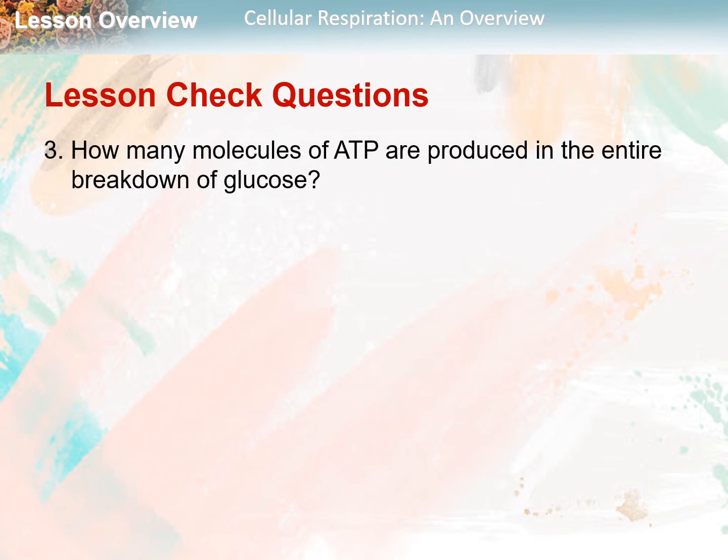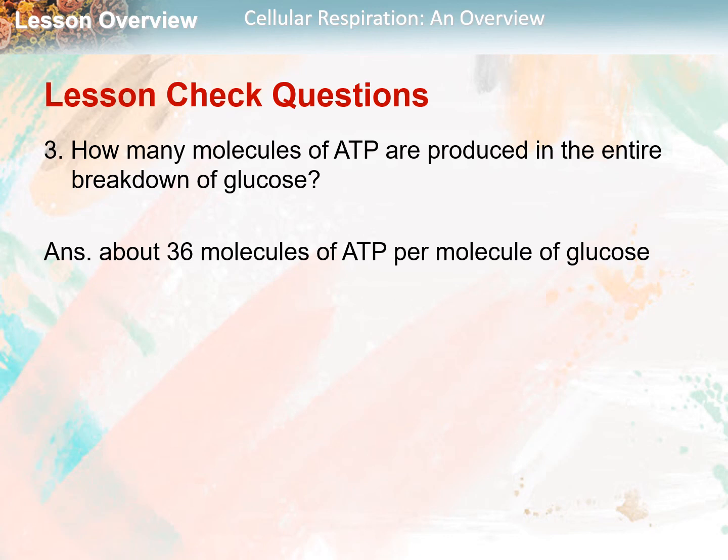Number 3 question, how many molecules of ATP are produced in the entire breakdown of glucose? Of course, there are about 36 molecules of ATP per molecule of glucose.